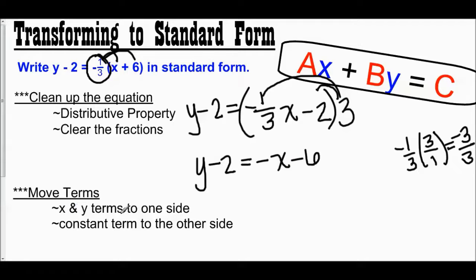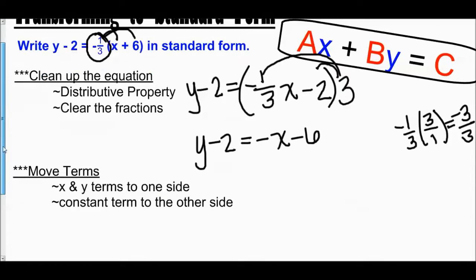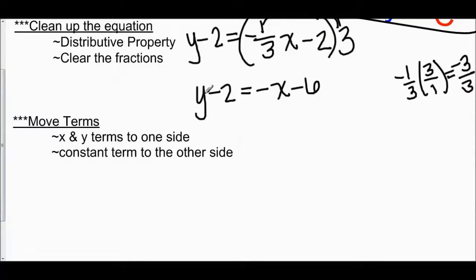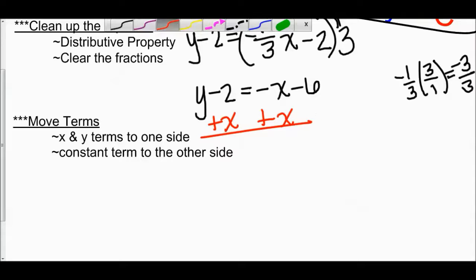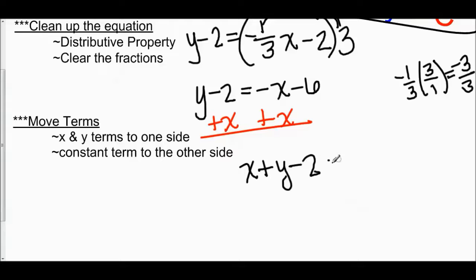Next step, move the terms. I want the x and the y terms to be on one side, and then my constant term is going to be on the other side. So what I have is y minus 2 equals negative x plus 6. I'm going to undo this negative x. I'm going to move it over there by adding x to both sides. So as I clean that up, then I would have x plus y minus 2 equals negative 6.